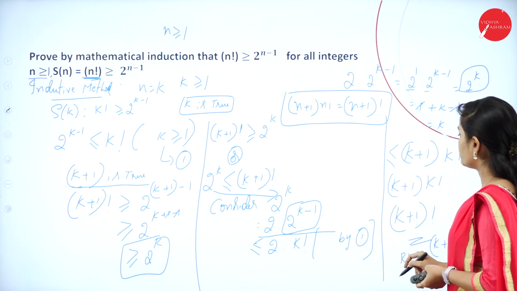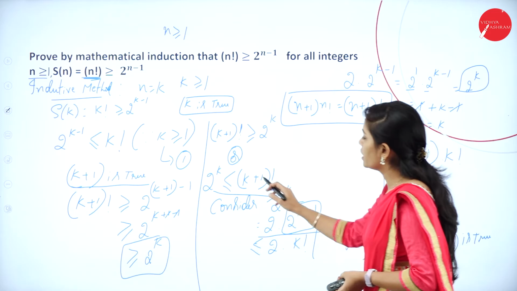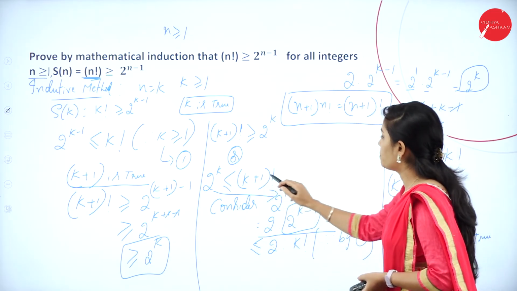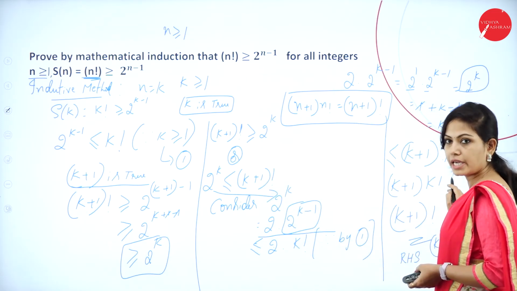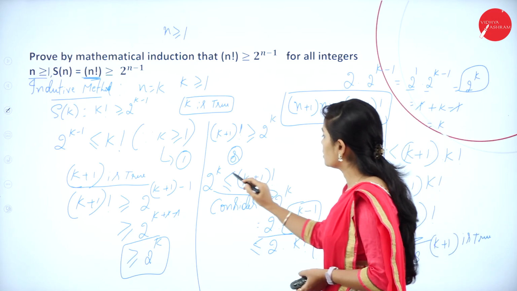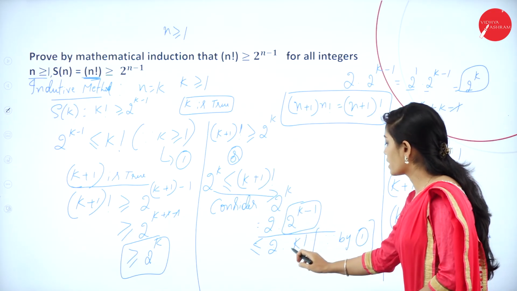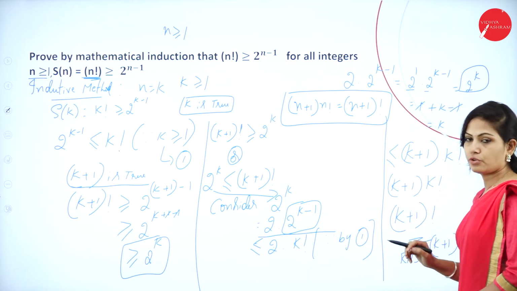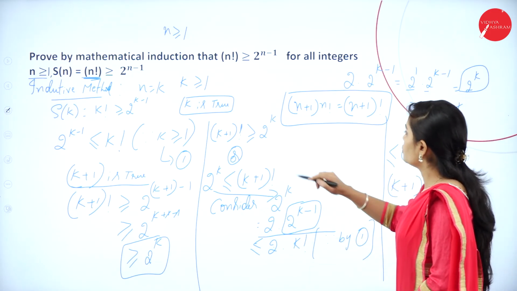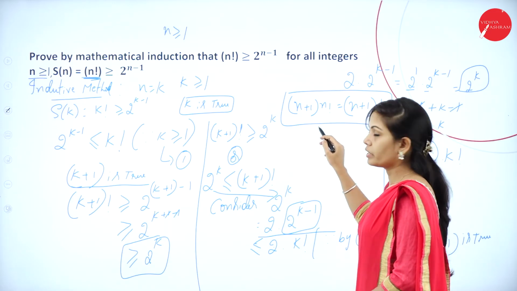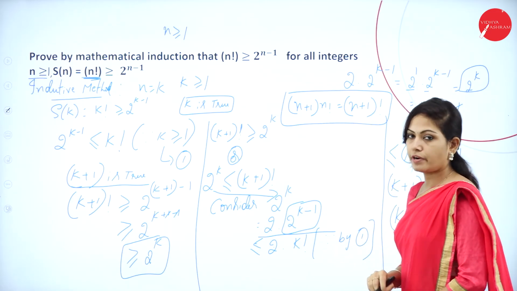And you can simplify this. K factorial, you can replace this by k plus 1 into k factorial. So by the rule n plus 1 into n factorial, we will get n plus 1 factorial.